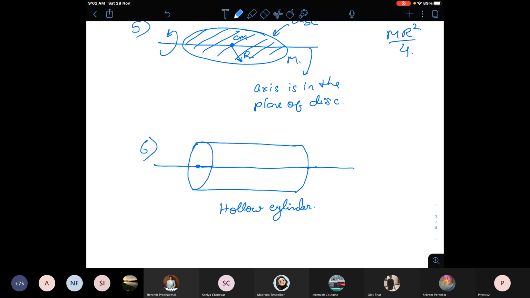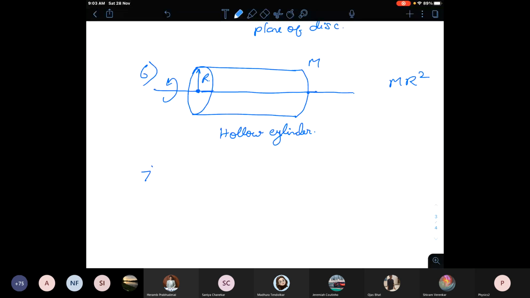The axis is passing through the axis of the cylinder only. Its mass is m, radius is r. Hollow cylinder means it is something like a tube. In a tube you know there is free space in between, only a covering is there. Shelling is there, so it is a hollow cylindrical shell. Then the moment of inertia comes out to be mr square. The integration gives mr square.